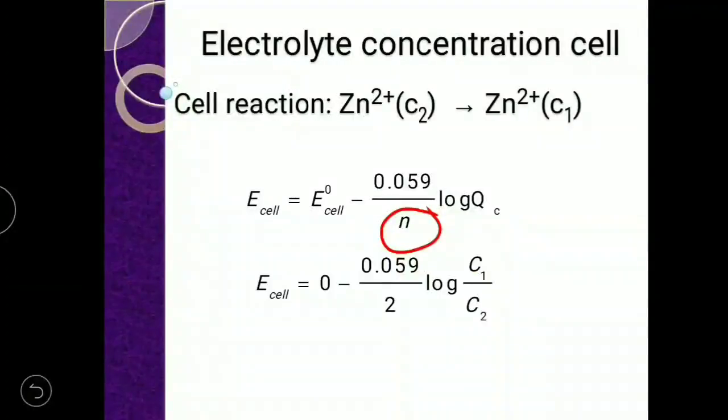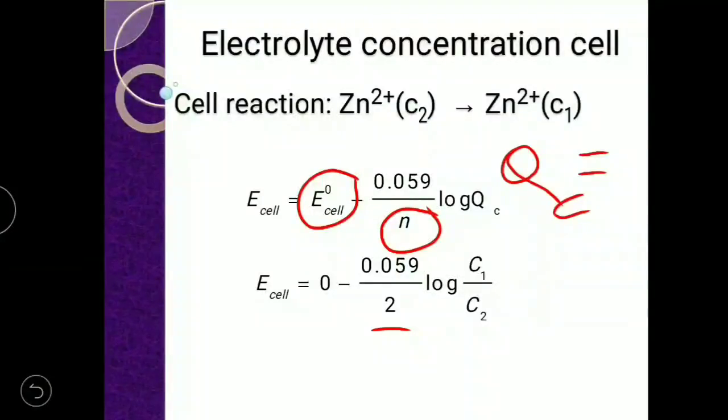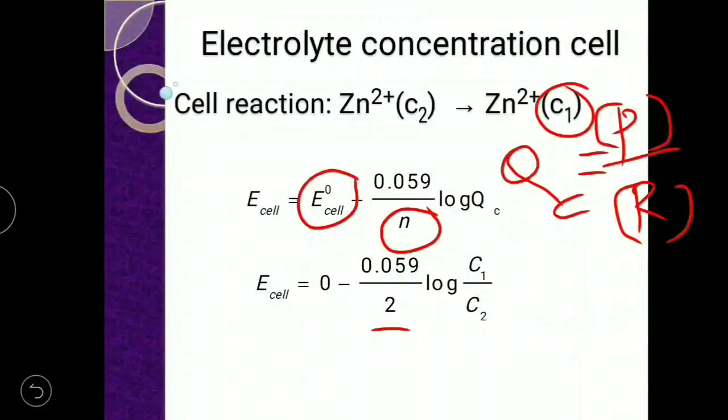E naught cell is anyway 0, and the number of moles of electrons involved in this reaction is equal to 2, and Qc, the reaction quotient, is equal to the ratio between the concentration of products and the concentration of reactants.